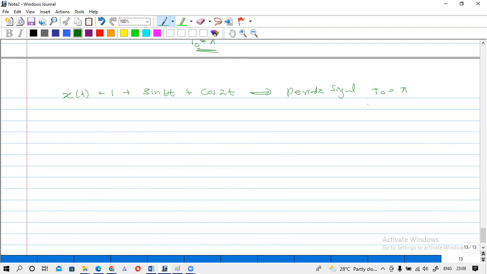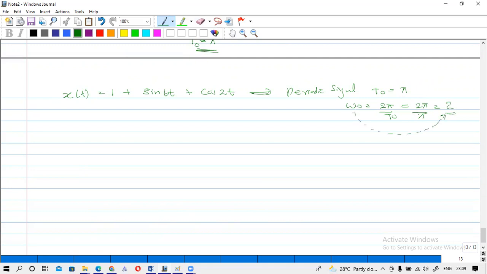The period is 5, and omega naught is 2 pi by T naught. That means omega naught is 2 pi by 5. So omega naught is 2 pi by 5.